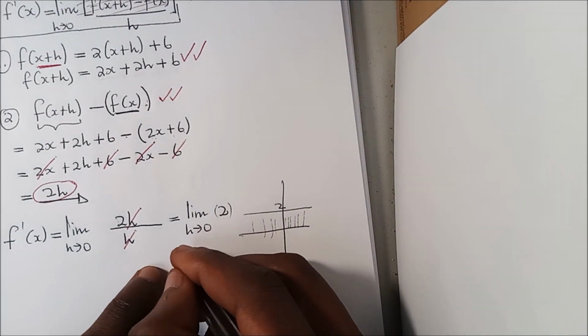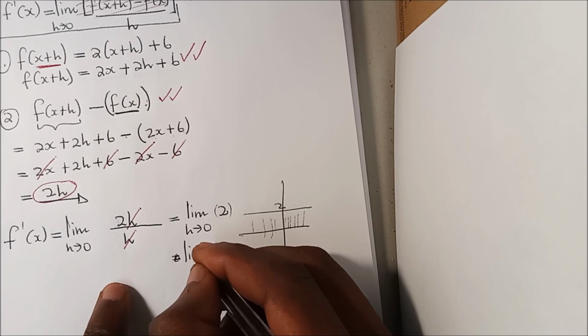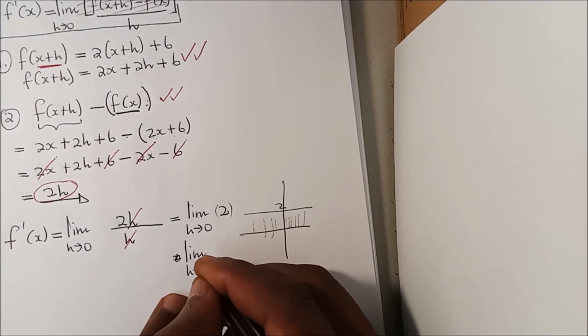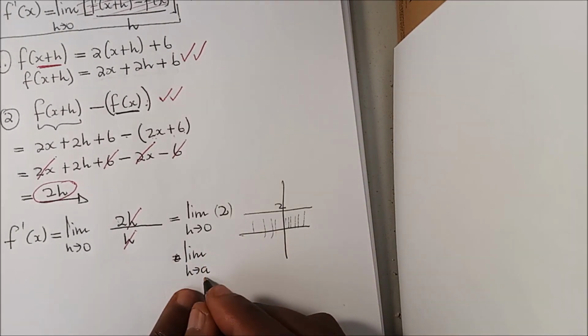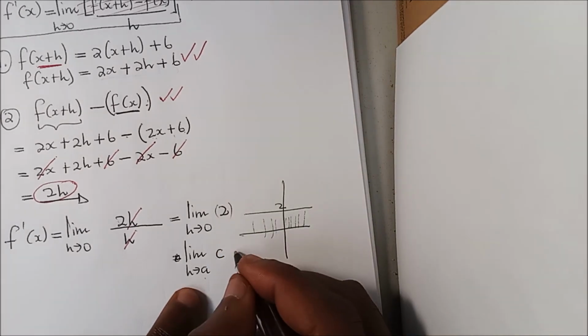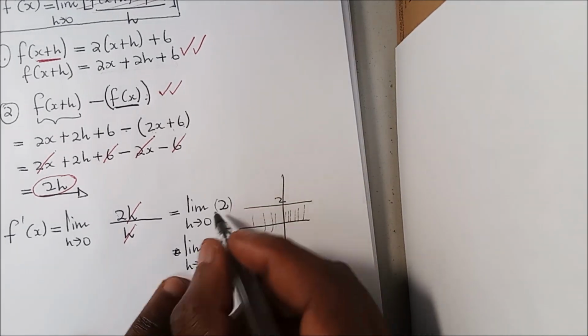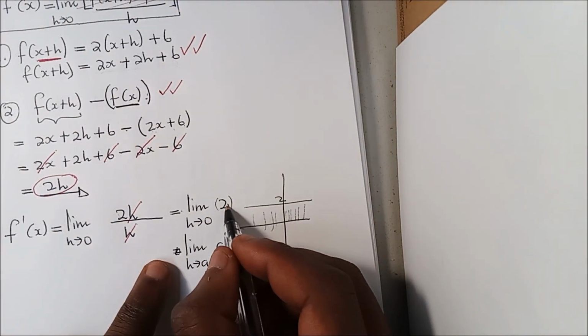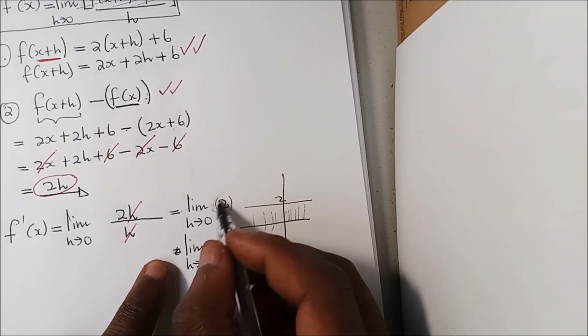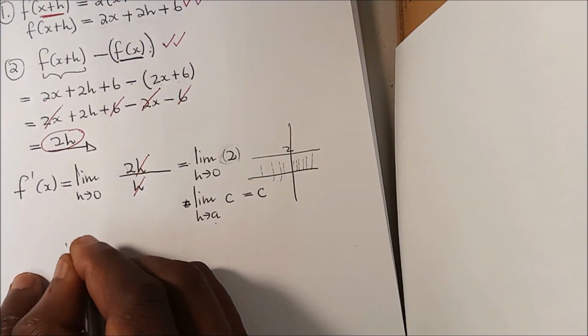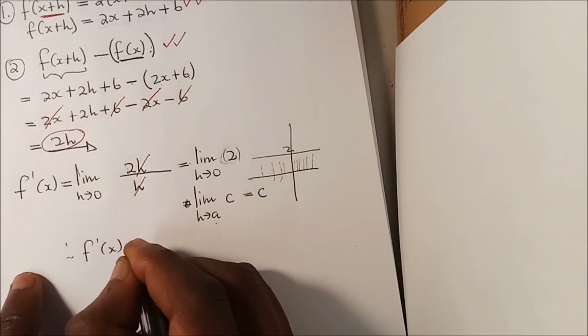Or you can use the idea that says that the limit as h goes to any number of a constant is equal to the constant. So like here, the limit as h goes to 0 of 2, there's nowhere to substitute that 0. So now our f prime of x equals 2.